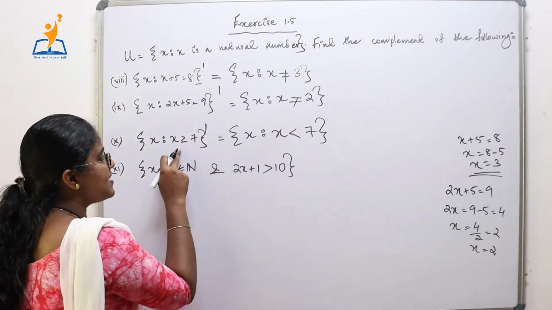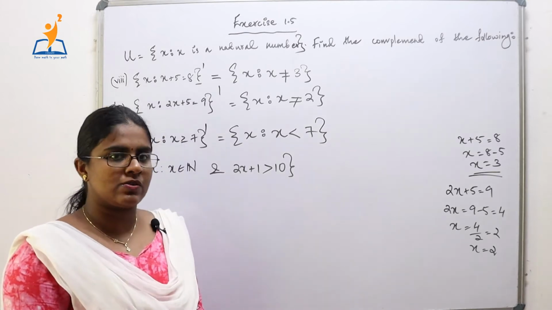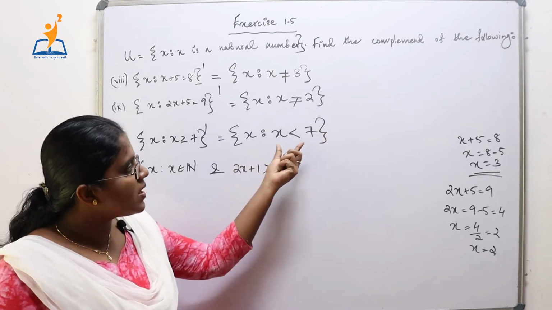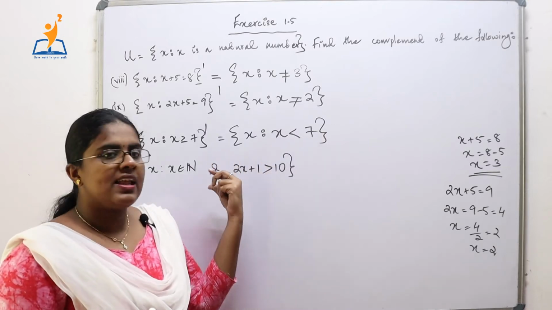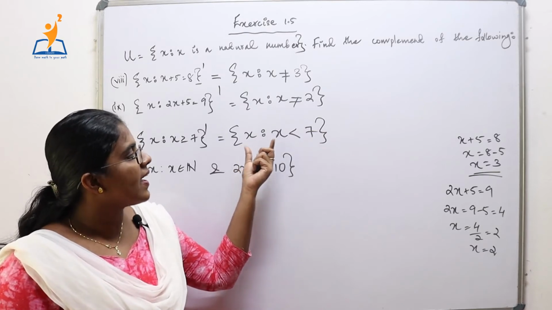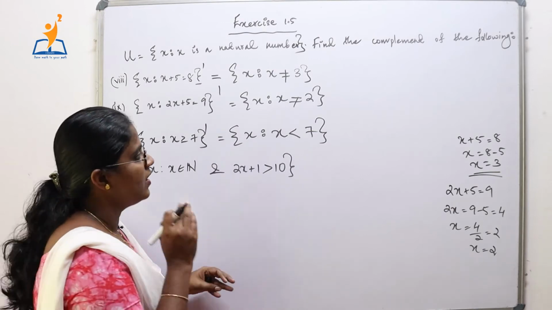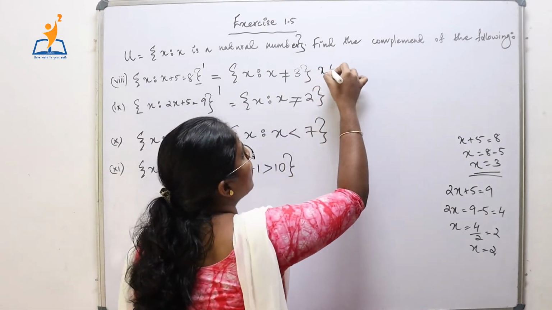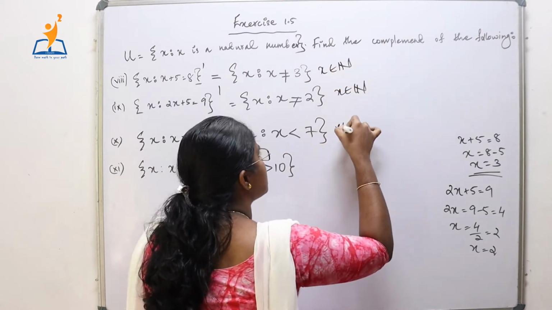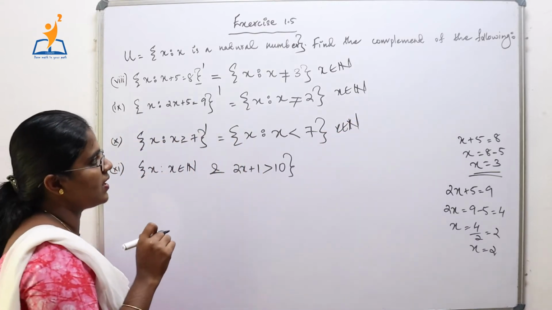Because the given set is the set of all x such that x is greater than or equal to 7, which includes 7, 8, 9, 10 and so on. So we want the natural numbers which are less than 7, that is the set of all x such that x is less than 7, that is 6, 5, 4, 3, 2 and 1. Always remember that in all these cases x belongs to the set of natural numbers because the universal set given is the set of natural numbers.